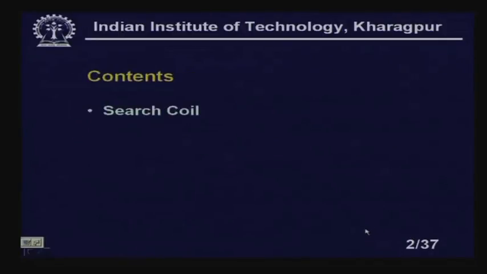Contents are search coil, magnetometer search coil we will basically discuss here. So, magnetometer search coil looks like this. As we know, if you move some coil in a magnetic field, some voltage will be developed. So, using that principle that voltage will be measured and calibrated in terms of the magnetic field.